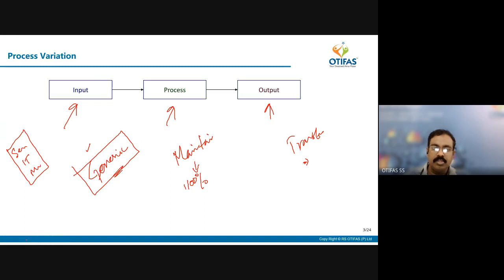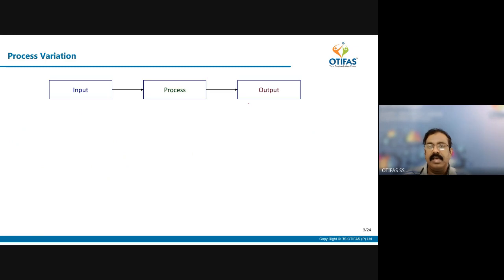Six Sigma is also about a process approach: if there is a problem in your output, it is because of your input and processes. It is like in very olden days, when there used to be a marriage alliance.